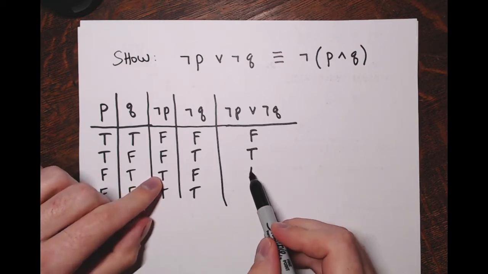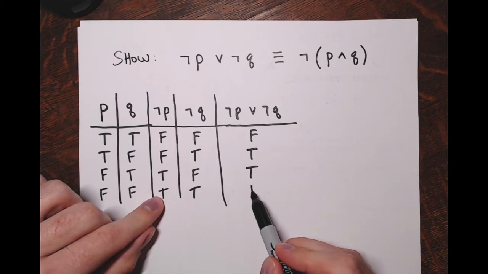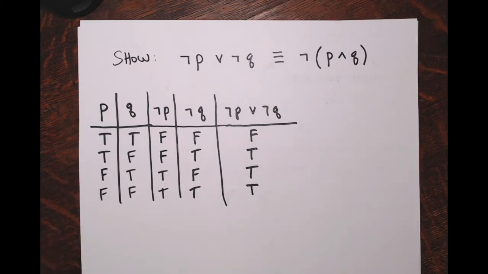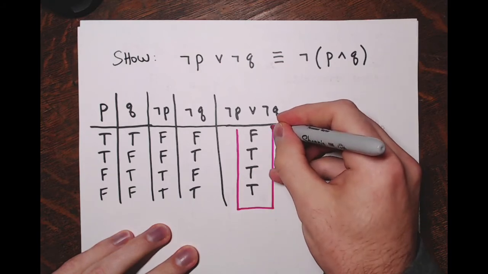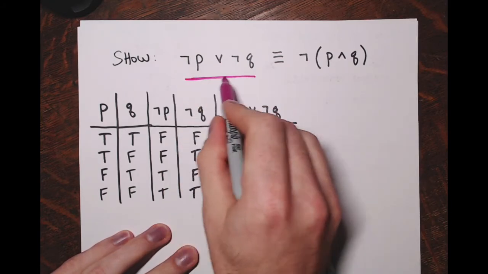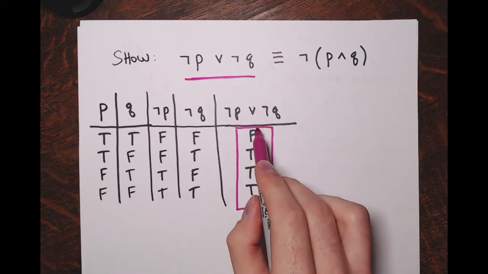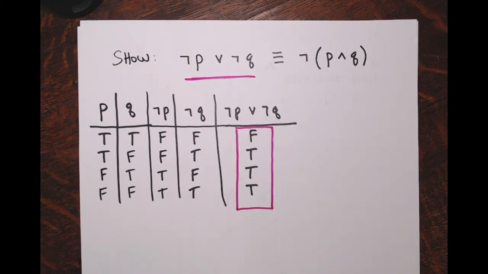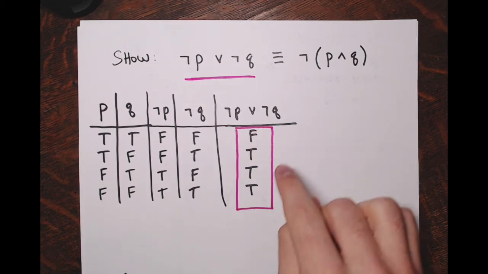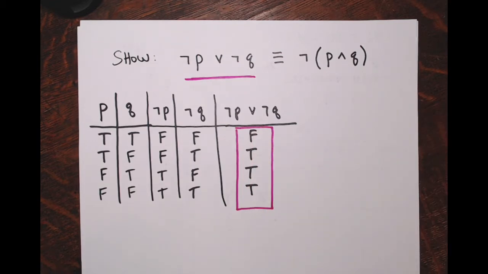True or false, true. True or true, true. And I'm going to circle this, right? So this is one of the truth columns I'm focused on, the one for this statement. This is the truth column for not P or not Q. And if we get the same exact truth column for this statement, we'll be golden.